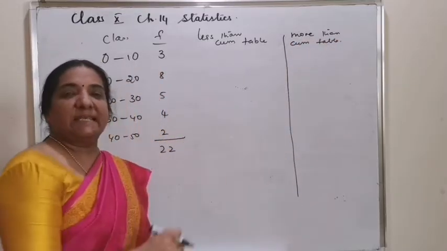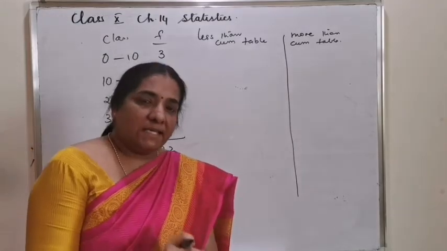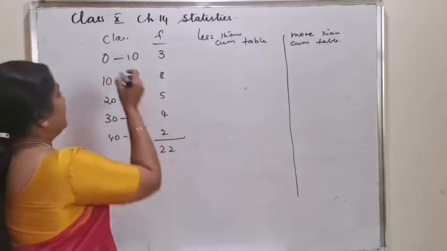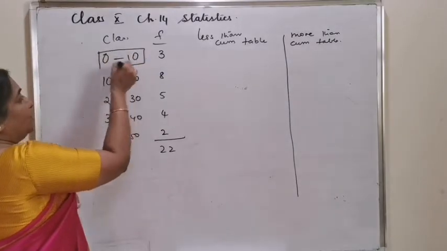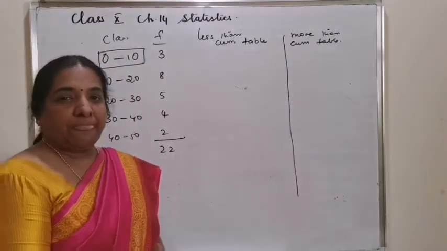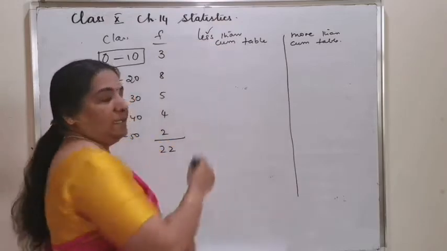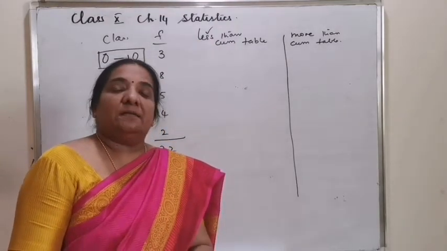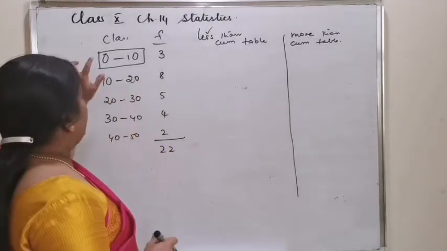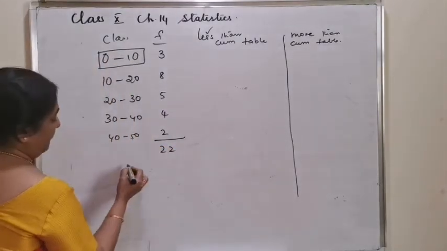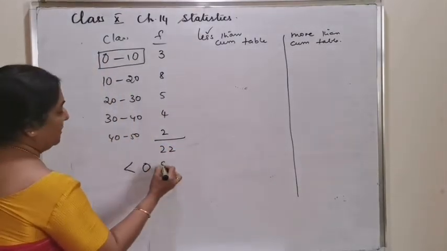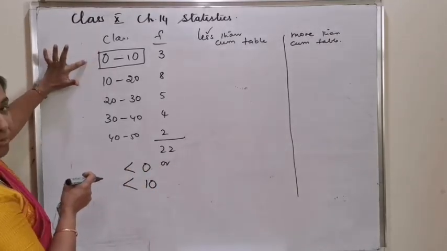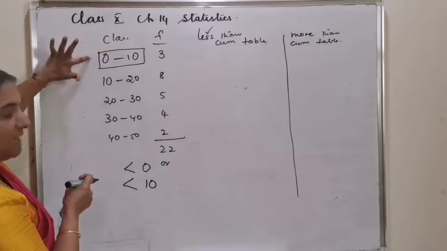To form this table, just keep this easy trick in your mind. Take the first class 0 to 10. If you want to make a less than cumulative table, think in your mind, less than 0 or less than 10?